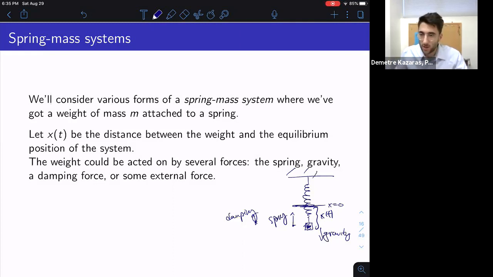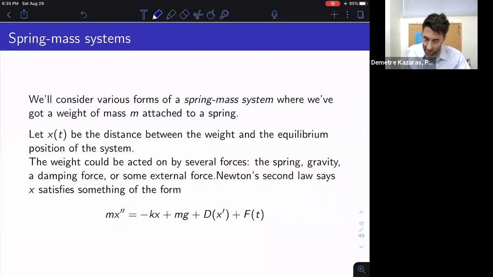Okay, so just like I said last time, Newton's law relates forces acting on the weight to the second derivative of x. Second derivative of x is acceleration. Newton's law relates that to the forces. So you get an equation like this. Let me just draw a picture to explain what these things are.